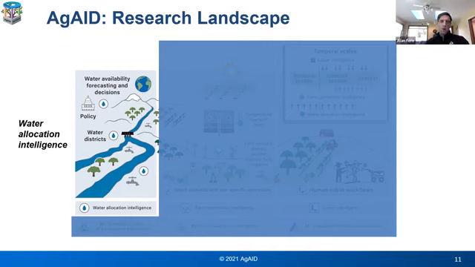But generally, one of the ways to think about the decision making is you've got your policy, and that's going to be informed by expectations of how much water there's going to be. And this policy dictates what water districts get.